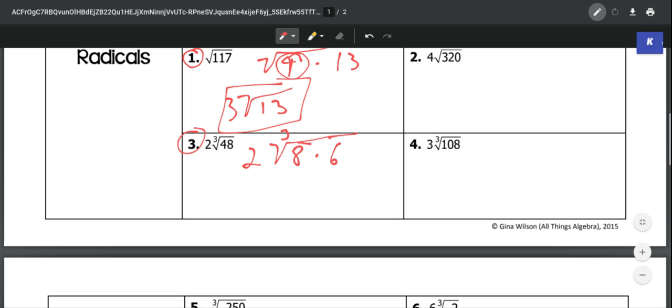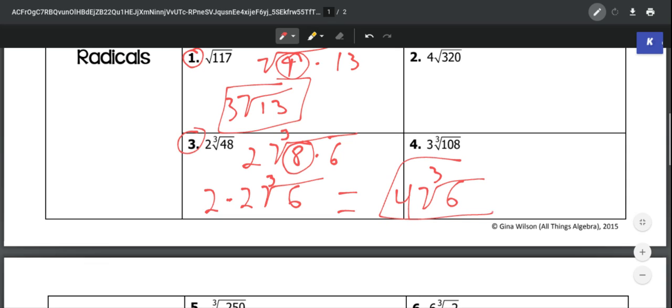So now that we have done that, it will allow us to take out this cube root of 8, which is just 2. So we'll have 2 times 2 on the outside of our radical, and on the inside of our radical we'll still have the cube root of 6, which would simplify to 4 times the cube root of 6, and that would be our answer.